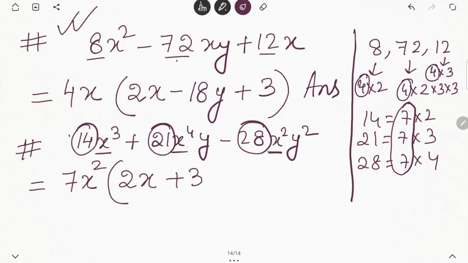X to the power 4, if I divide by x square, I am left with x square, and y is there. Next, I put the minus sign. 28 divided by 7 gives us 4. X square divided by x square gets cancelled and y square is left. So this is the final answer.